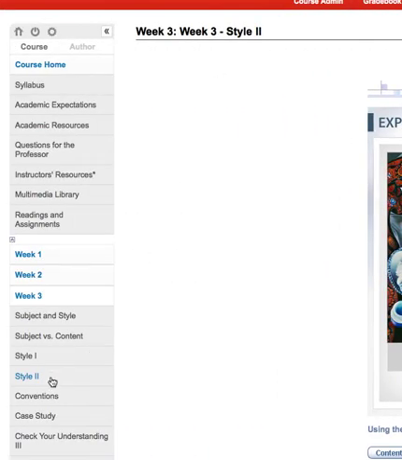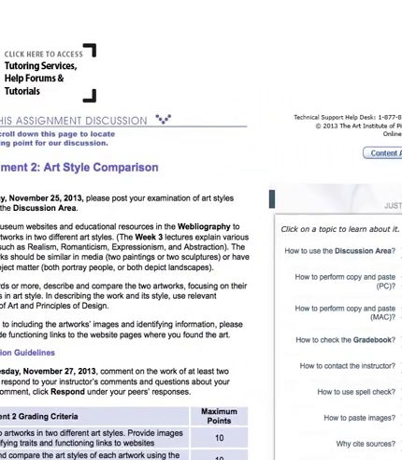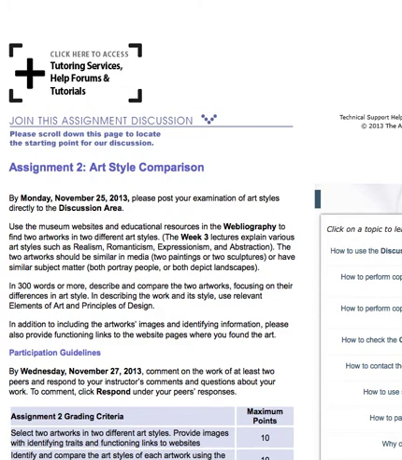Now, back to what we were talking about earlier, and that is your assignment. You're asked in this to do a style comparison, and this is very specific. Read it carefully: 300 words, my friends. They want you to describe the pieces or the styles with elements and principles.